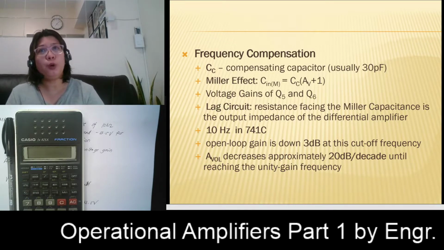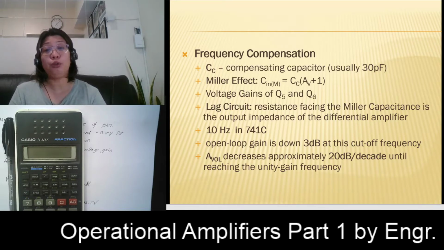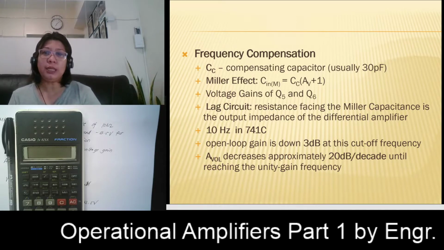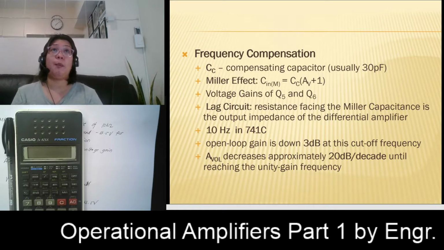Your open loop voltage gain will start to go down when it reaches the 10 hertz frequency mark. That 10 hertz frequency mark is your 3 dB cutoff for this operational amplifier.